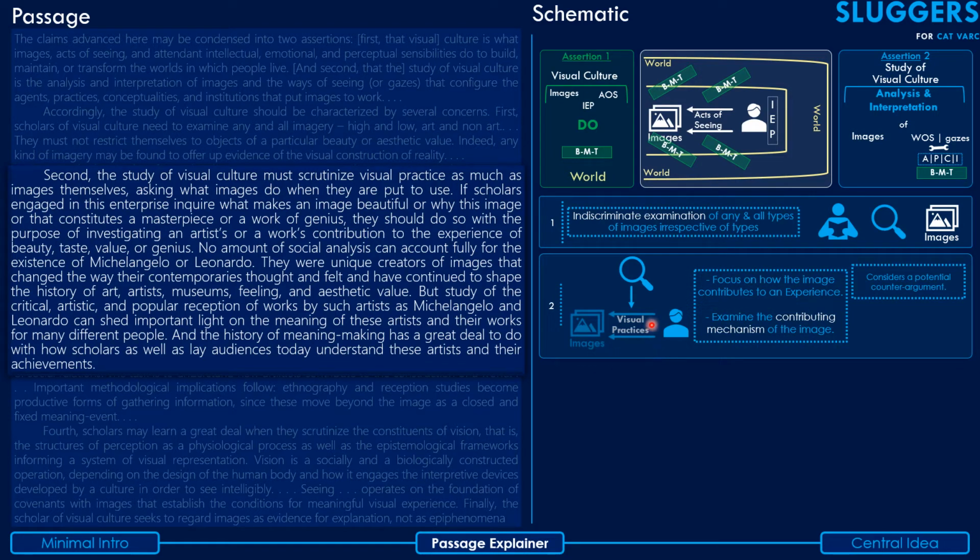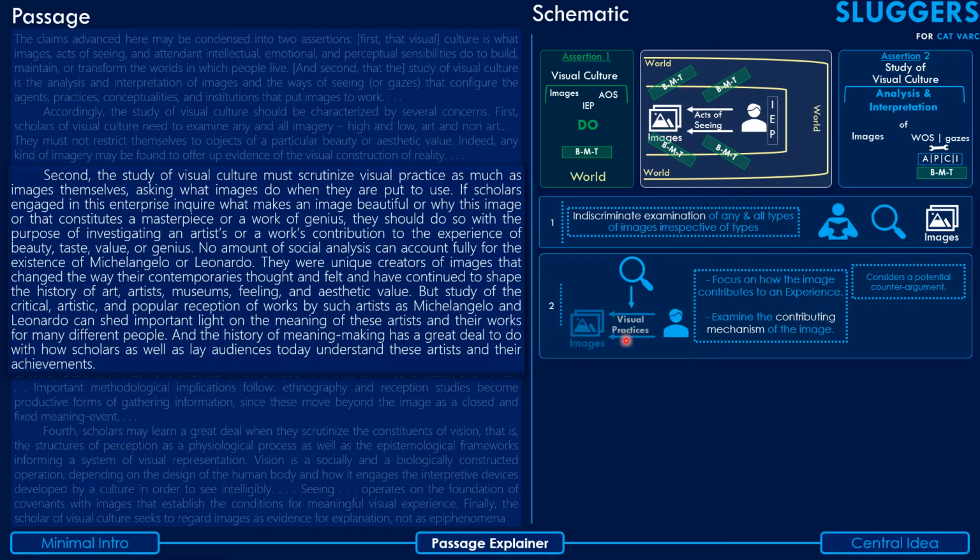So when the author said that, while as a scholar engaged in the enterprise of scrutinizing visual practices, he scrutinizes visual practices to figure out how the image actually contributes to beauty.